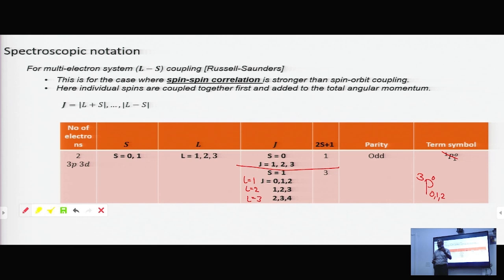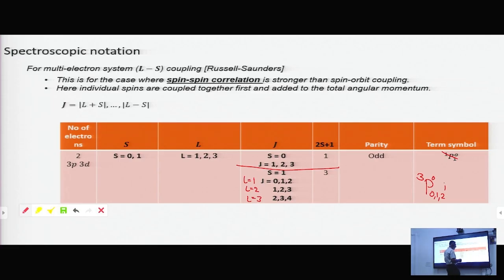It's not. To make it simpler, you write it in this form. But they are separate because they have different J values. Whenever you have different J values, the energy levels are different. So they are not the same state. So the J can be 0, 1, or 2, but we can write it in this form to make it easier to represent.